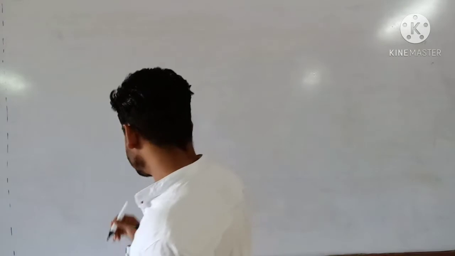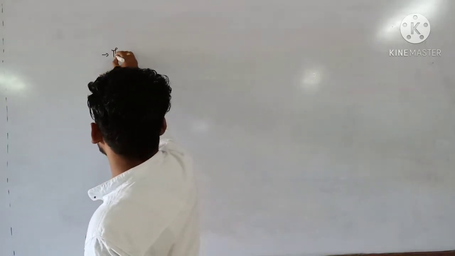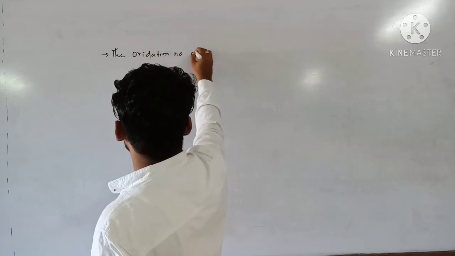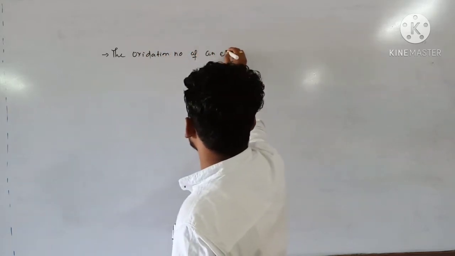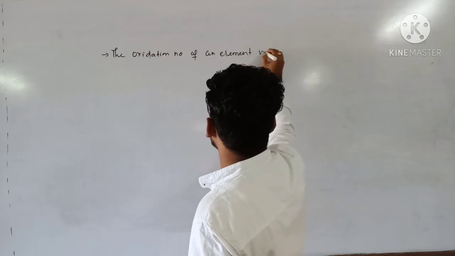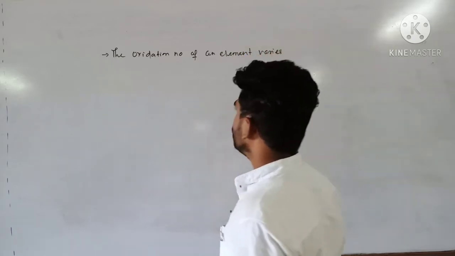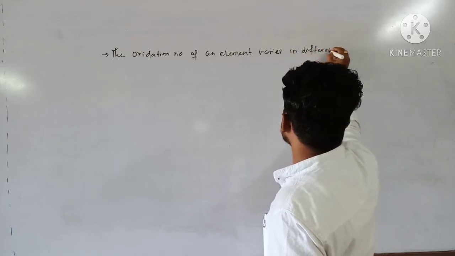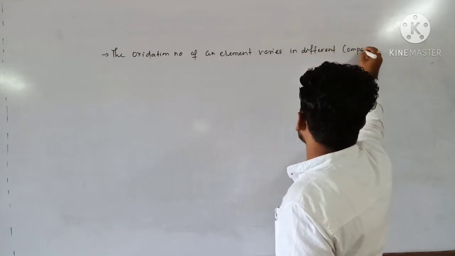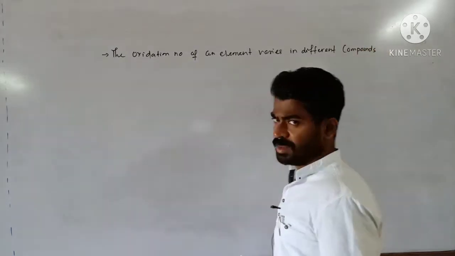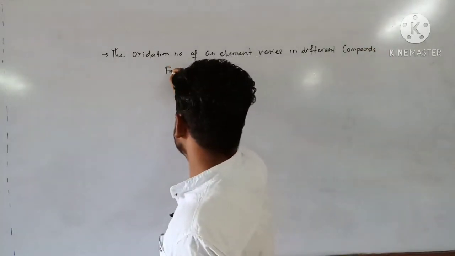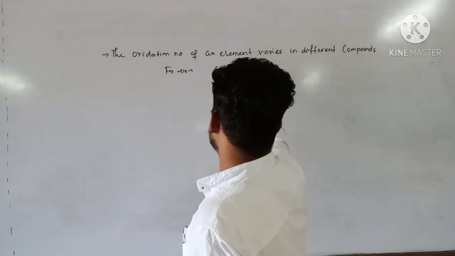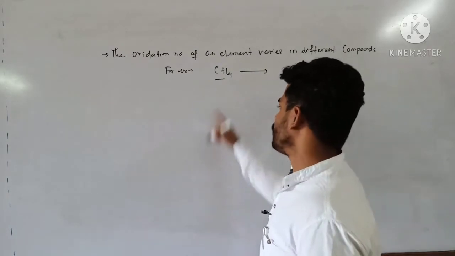Next, the oxidation number of an element varies in different compounds. For example, you can see CH4. What is the oxidation number of carbon here? Carbon is a non-metal.